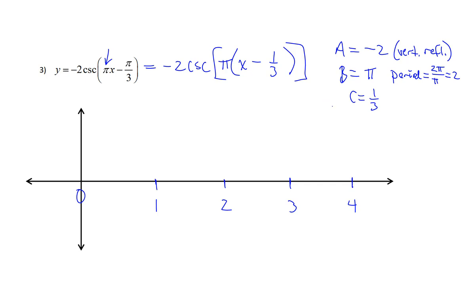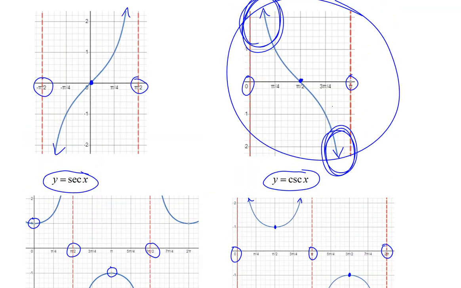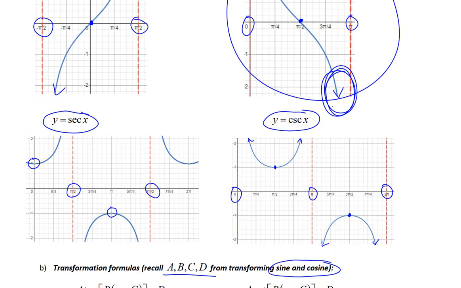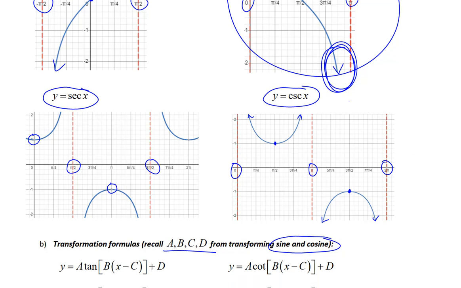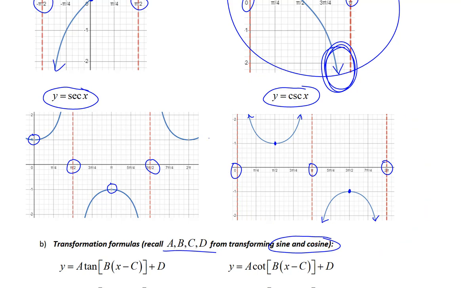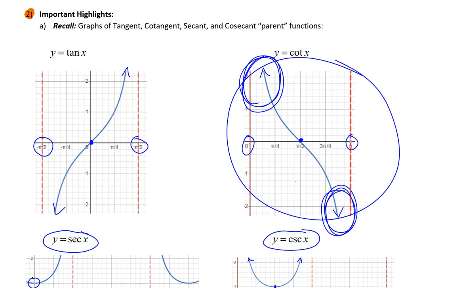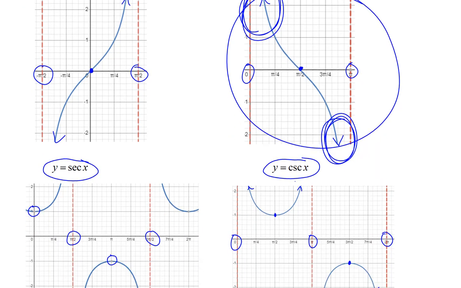Now let's also keep a very close eye on the parent function so we don't forget what we're even working with. So cosecant, we recalled these earlier in this set of notes, and we developed it more thoroughly in the previous topic. Cosecant has a couple of branches, and those branches are surrounded by vertical asymptotes. When we recalled the parent functions above, we just did one period of them.